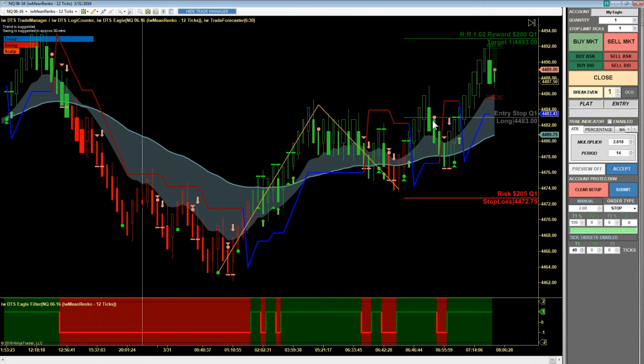Now, of course, had I taken the signal on the hash mark here, we would have already hit our profit objective. So it's always a little bit of a trade-off when you're delaying your entry. Remember, the high probability profit targets are based on the hash mark. So whenever I delay my entry like that, I suppose I should adjust my profit objective accordingly.